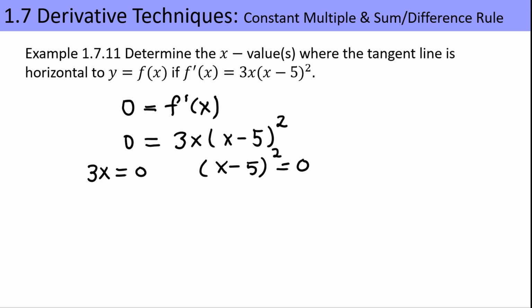Solving for each of these factors, divide by 3, we get x equals 0. The square root of 0 will give us x minus 5 equals 0. Add 5 to both sides, and we get x equals 5. So the x values are at 0 and positive 5.